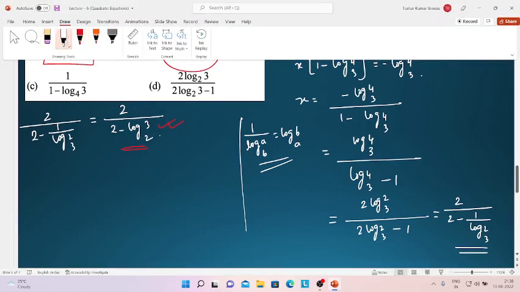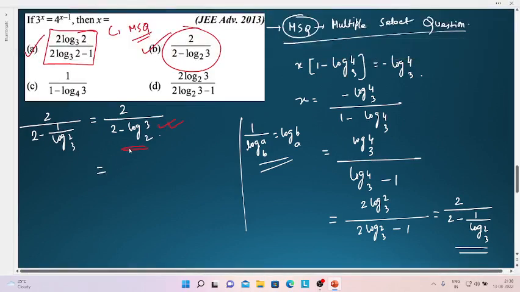Let me check again whether any other option is correct. Let me divide by 2 again. If I divide by 2, it will be 1 upon 1 minus half log 3 base 2, right? We also know that if we have the logarithm of a with base b to the power n, it can be written as 1 by n log a base b.